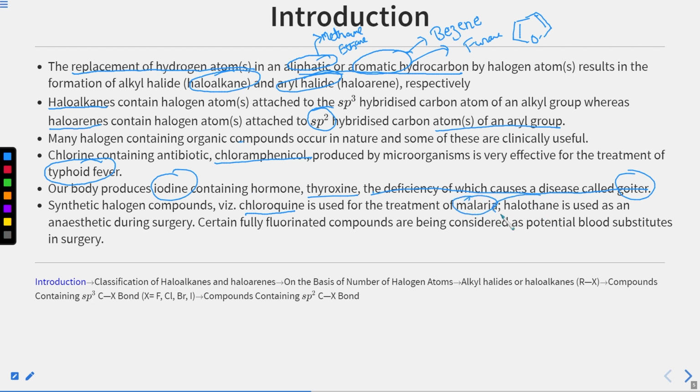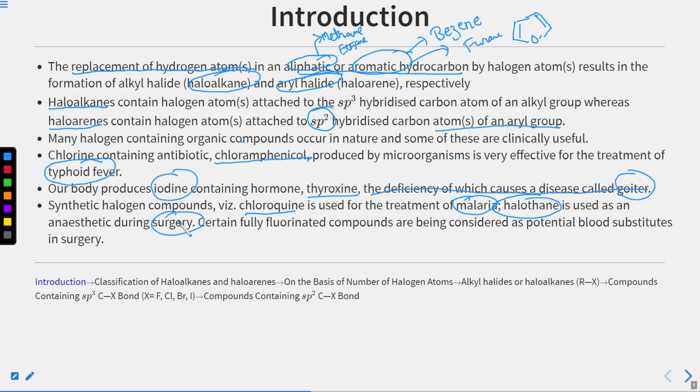Or haloethane is used as an anesthetic during surgery. Anesthetic, you know it. First of all, what is the haloethane that is used? The chloroform. So chloroform is used to make people unconscious, or to make some parts of the body numb, so that surgery or any operation can be performed.